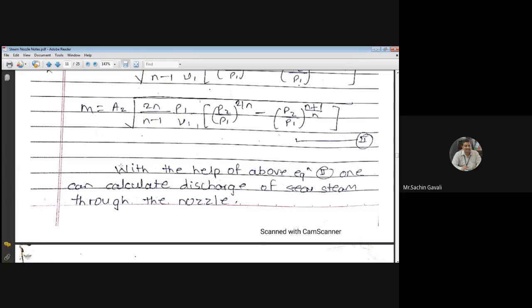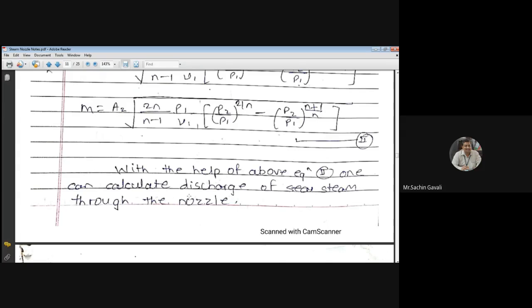Others are constant with respect to nozzle: A2, N, P1, V1. Then it depends only on P2 upon P1, not P2 only. It is a ratio, the critical pressure ratio.